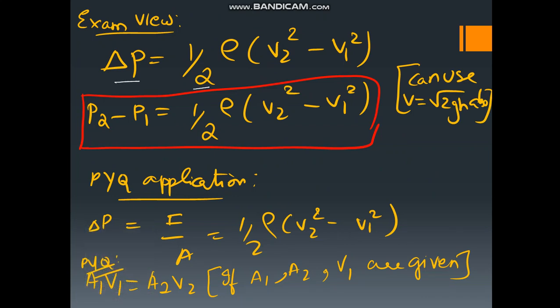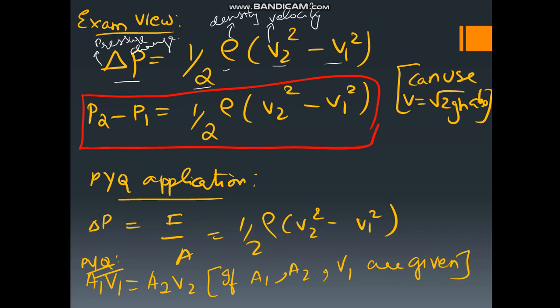Now from the exam point of view, this is the special formula I want to give. Delta P is equal to 1 by 2 into rho into v2 square minus v1 square, where v is velocity, rho is the density of the fluid, and delta P is the pressure change.